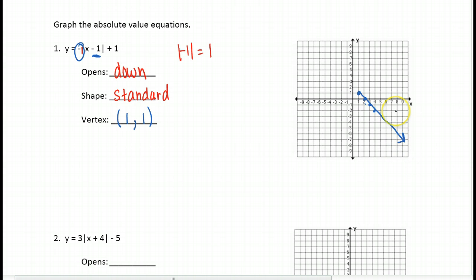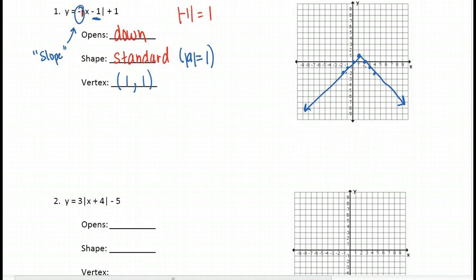And then the reason I say kind of a slope is I'm going to go down 1 over 1 but in the other direction because I know that my graph has 2 legs. So that's my shortcut and we're done. So remember, we know that this is standard because the absolute value of a equals 1. And then this part of my graph is, I'm going to put quote unquote slope. It gives you the 2 different legs.